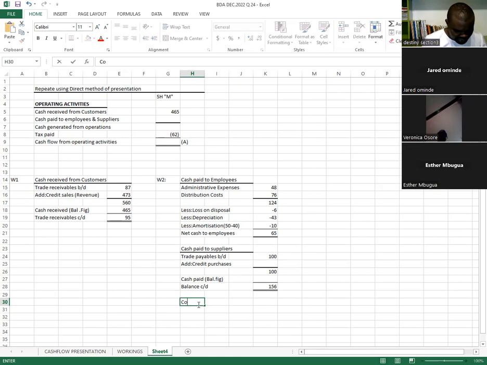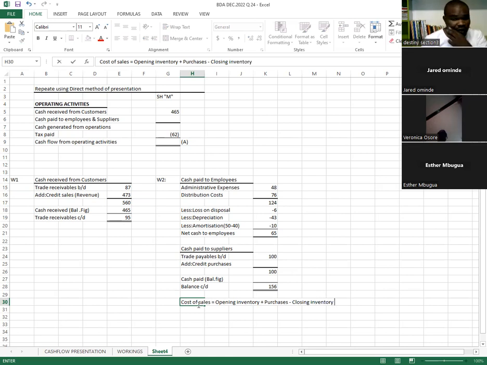So cost of sales is equal to opening inventory plus purchases, minus closing inventory, correct?